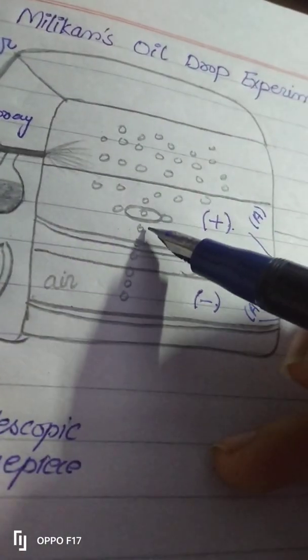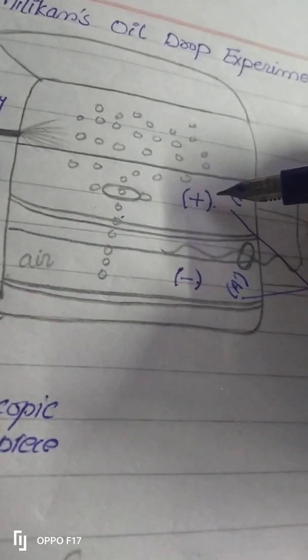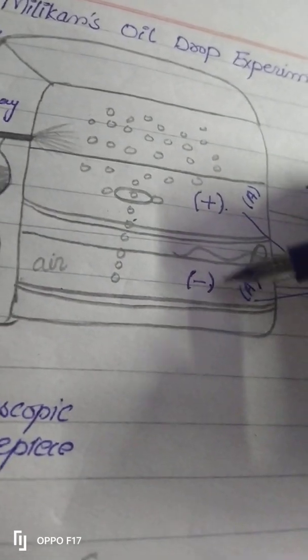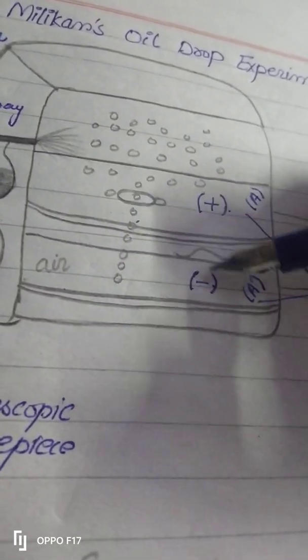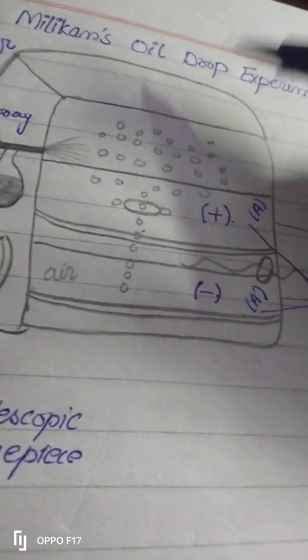So as you can see over here, if the oil particle is negative, where will it go? Here there is a positive electrode and this is negative, so like charges repel, but positive and negative will obviously attract, so it will go upward.